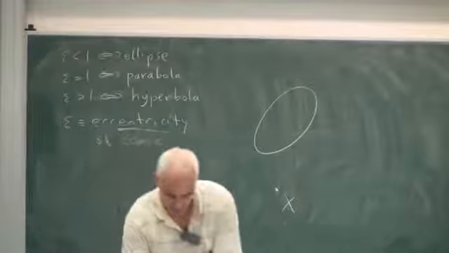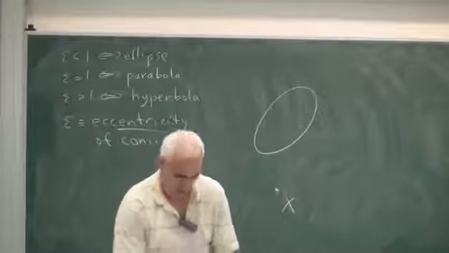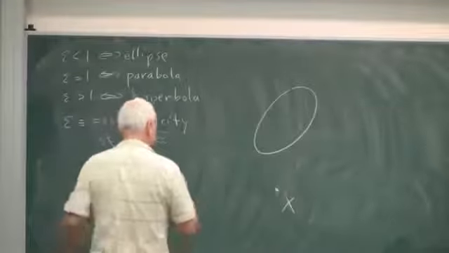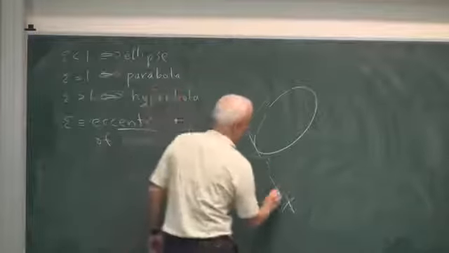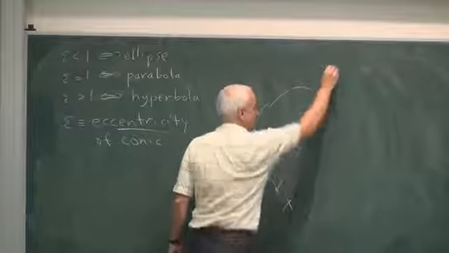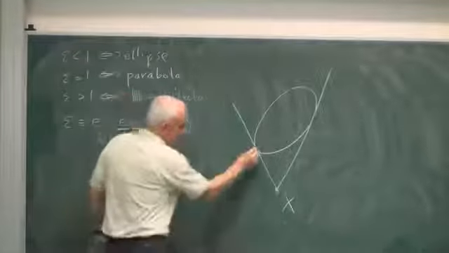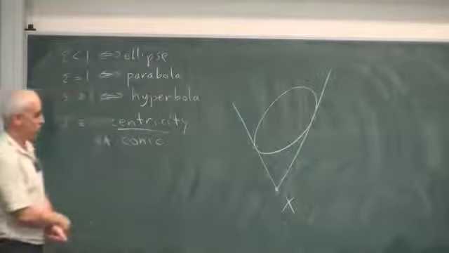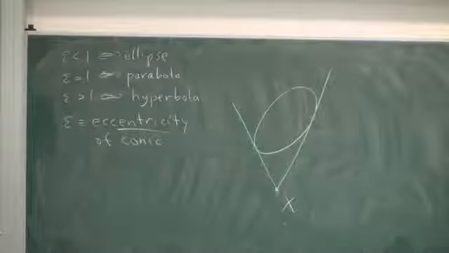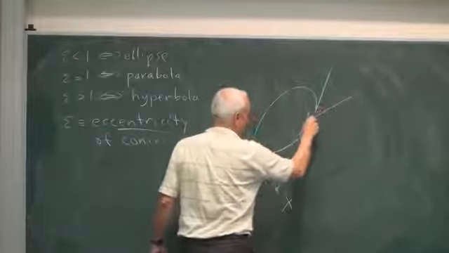Then one thing we could do is draw tangents from that external point to the ellipse. There are two such tangents, one on that side and one on that side, and they meet the ellipse or the conic in two distinguished points. And those two distinguished points determine a distinguished line.